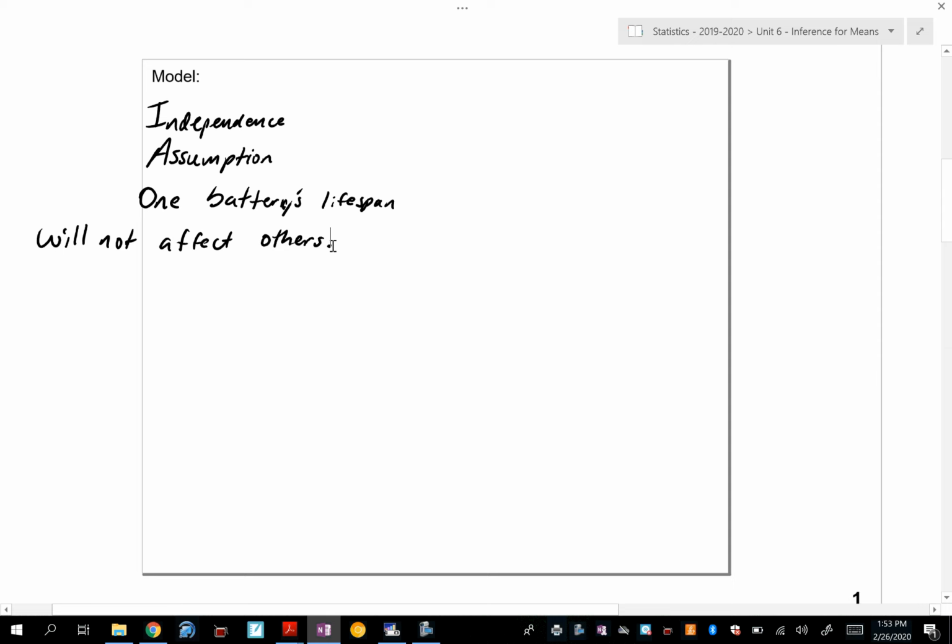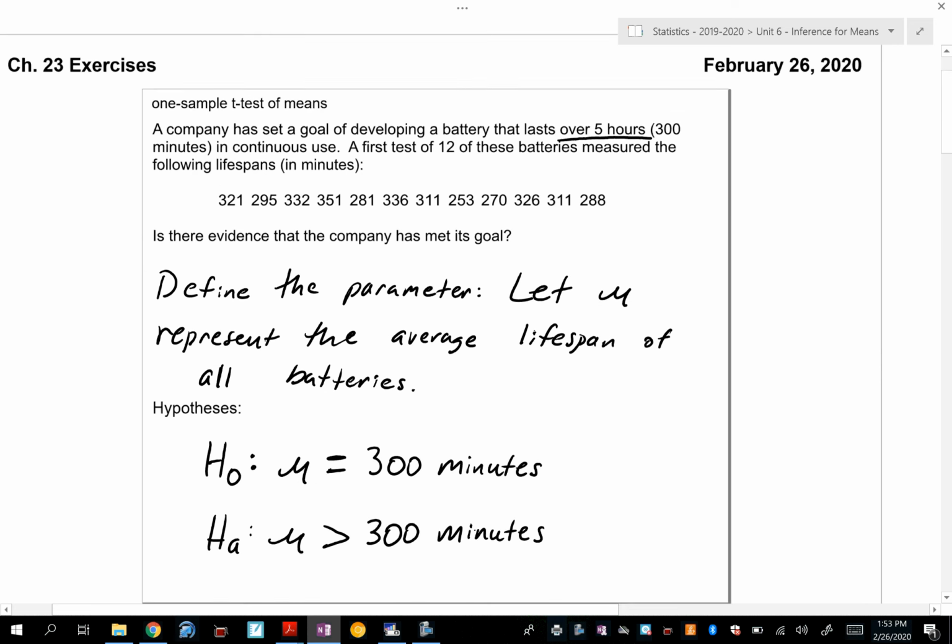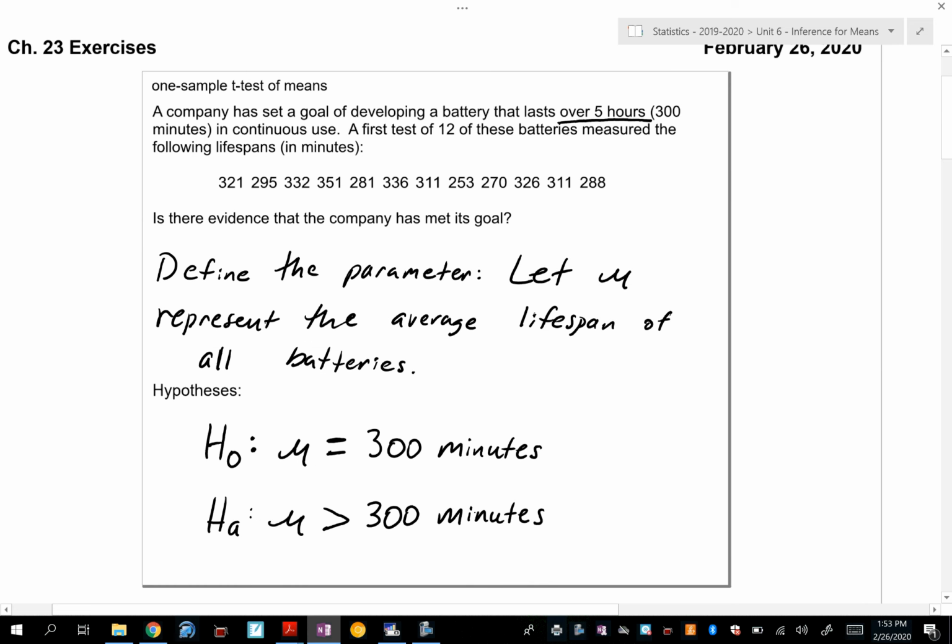The next condition is going to be the randomization condition. I'm just going to power through. These 12 batteries are a good representation of all the batteries, because your ref noticed, does it say anything about random sample? It doesn't.